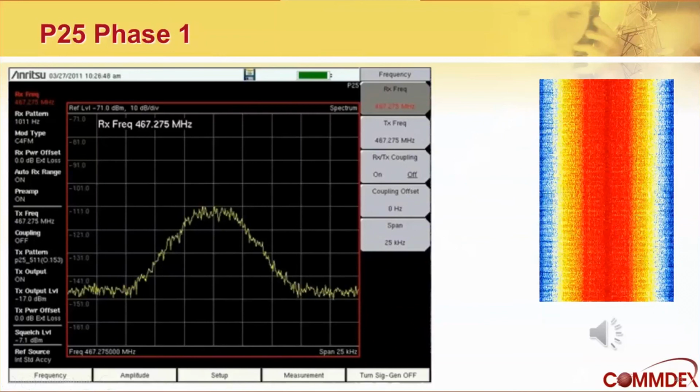It's a nice way of looking at spectrum versus time. It falls like a waterfall. The red colors are higher signal levels, and the blue is lower signal levels. So you can see how this corresponds. The red corresponds to the peak, and it allows you to see spectrum versus time.